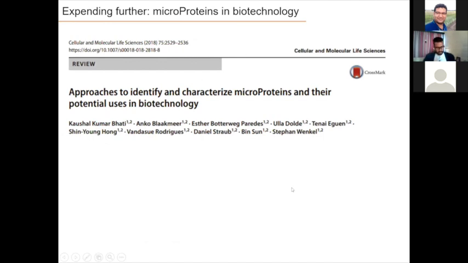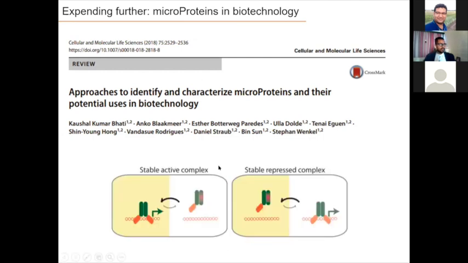So we discussed these approaches, how to use it as a tool, but we also wished to make it more available to the public, and we wrote this paper about how to use microproteins and their approaches to build a tool in biotechnology. And we talk here about 2 different approaches, and this also evolved with time.